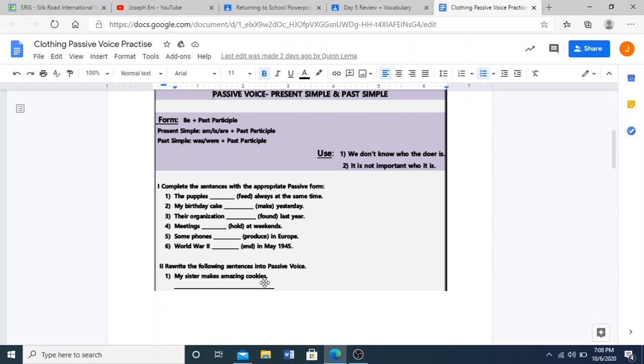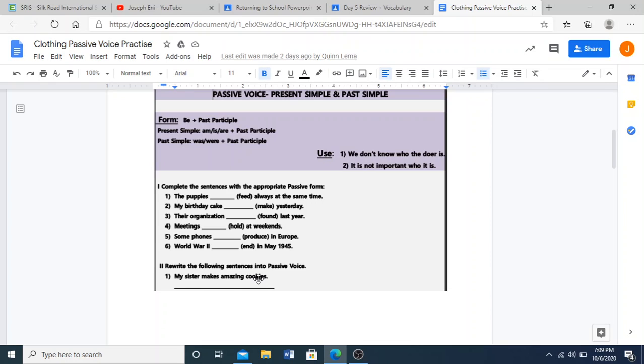So now, remember, if you want to change to passive voice, the object, which is the cookies, becomes the subject. My sister, who is the subject, becomes the object, becomes the agent, and yes, makes changes to the past participle.